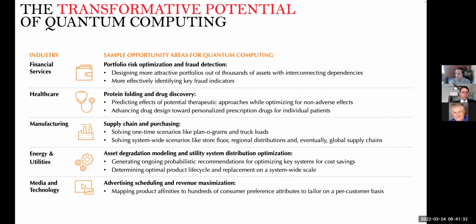Also designing portfolios for hundreds of thousands of assets that you can trade per second. In healthcare, there's a lot of work done in drug discovery, and relevant to this, material science is also feeding a lot of that these days. All of that actually impacts manufacturing.